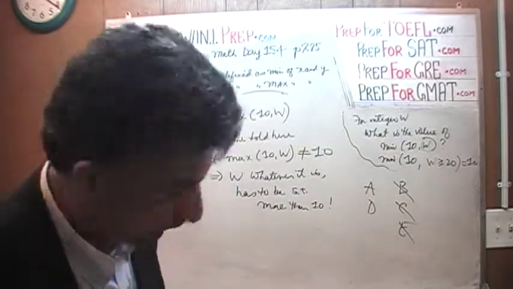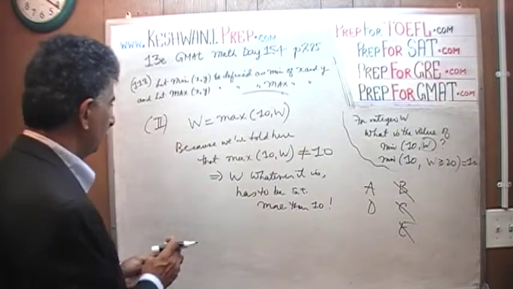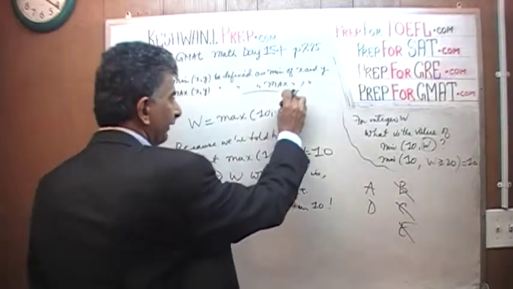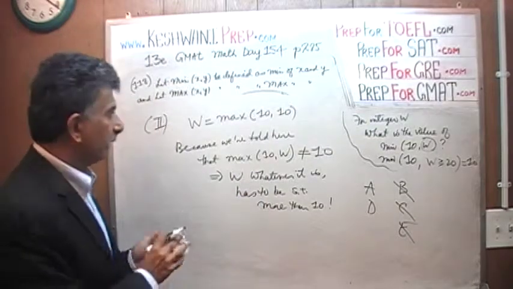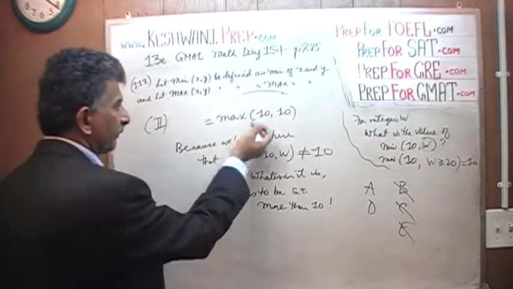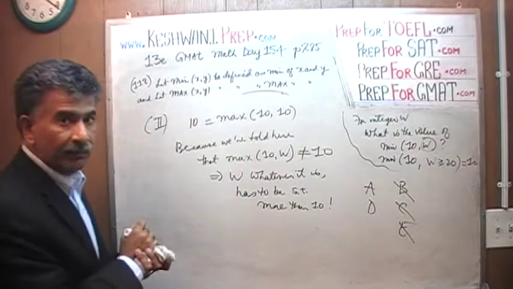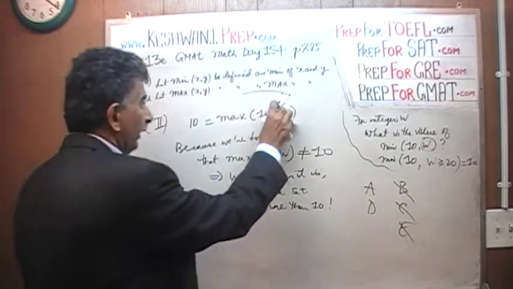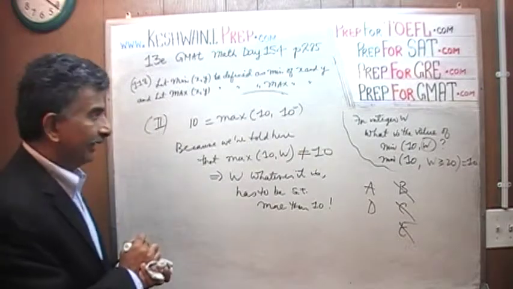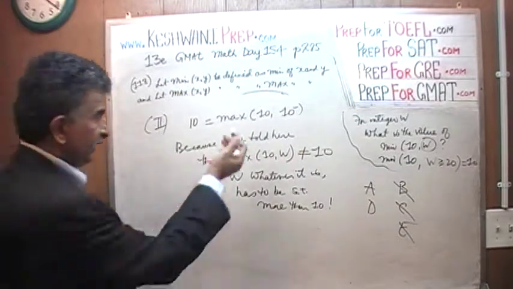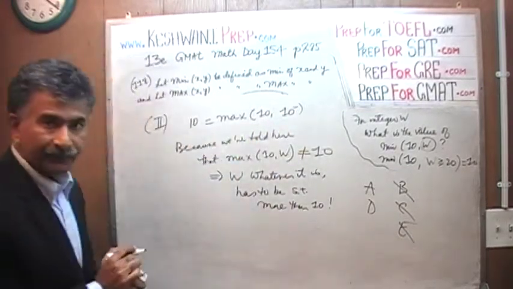Why? Because here's the situation. Had W been equal to 10, the answer would have been the maximum of 10 and 10, which is 10. It wouldn't have been W. On the other hand, if W had been less than 10, the answer again would have been 10, because the maximum of 10 and something less than 10 is 10.